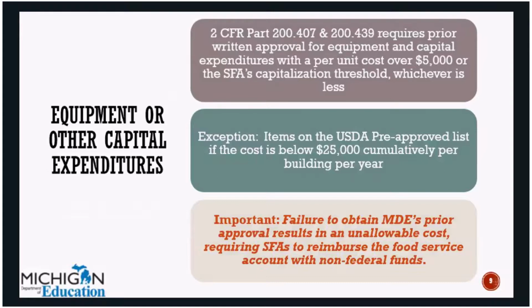As I just mentioned, if you are on a spend down plan, you will also need to complete and submit an equipment or other capital outlay request form for approval as well. Failure to obtain MDE's prior approval results in an unallowable cost, which requires the SFA to reimburse the nonprofit school food service account with general funds or other non-federal funds. We are setting the stage to pursue further fiscal action for repeat findings in this area as well.